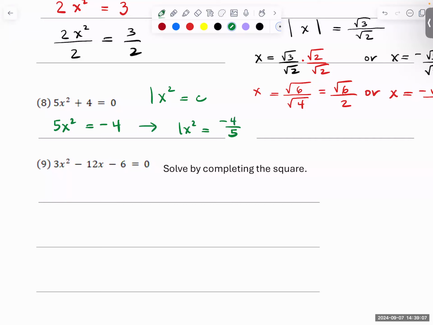There's no real number solution. So we can stop here and write no solution, or we can write the symbols, the empty set for no solution, or the null set, which means no solution.